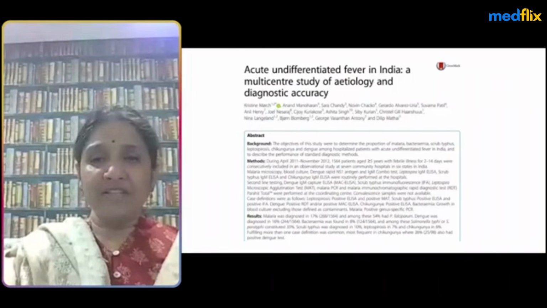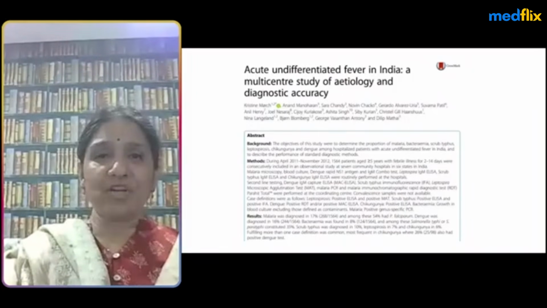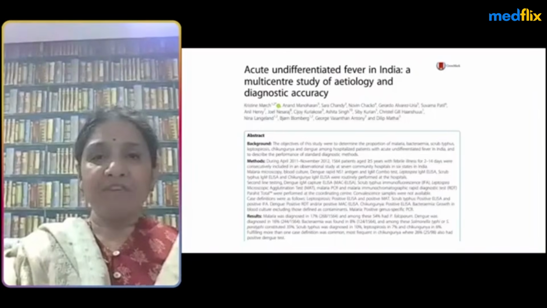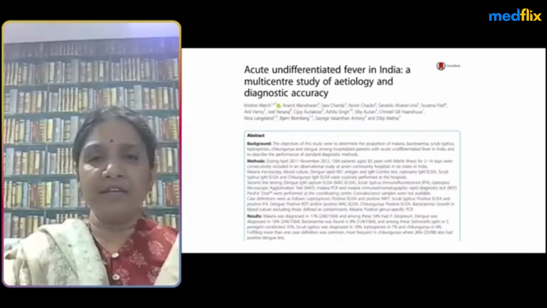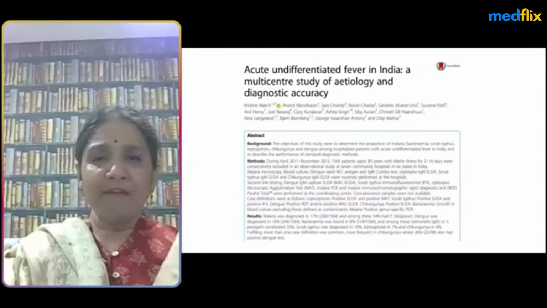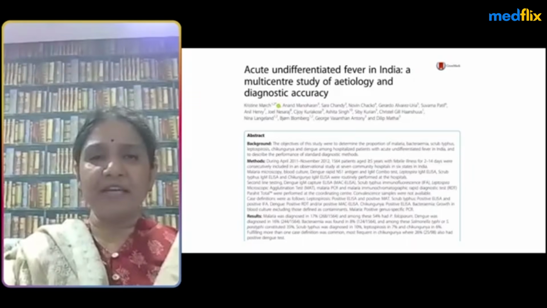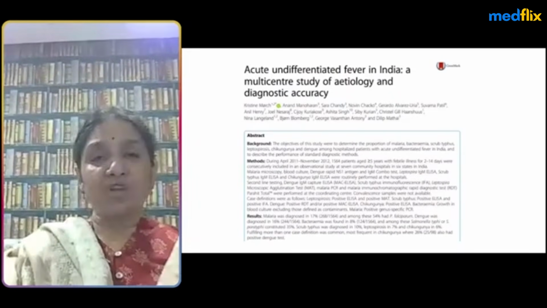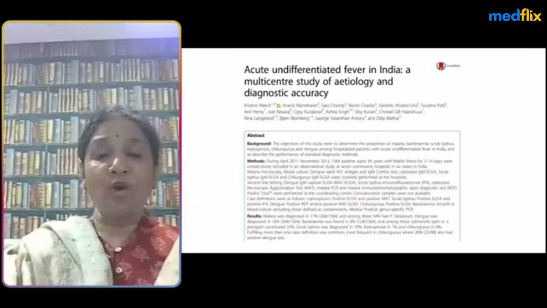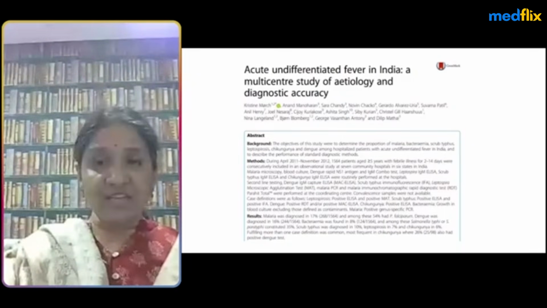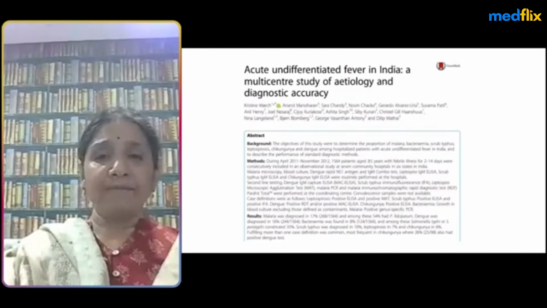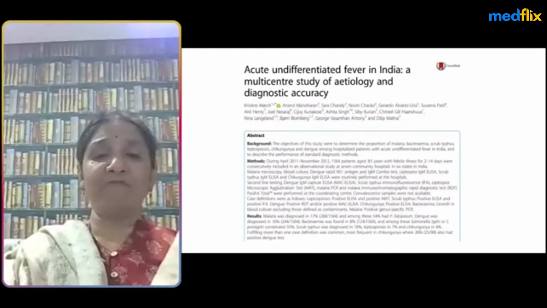And this is a good study, which was published recently, where they talked about the causes of acute undifferentiated fever over a 1 year period, where they looked at 1,500 patients and they did all sorts of tests, including tests for dengue, malaria, scrub typhus, and typhoid, etc. And actually, the causes of fevers will differ depending on which area of the country the study is done, and it will also depend on what season you have done the study.